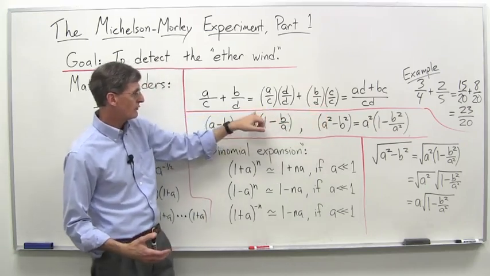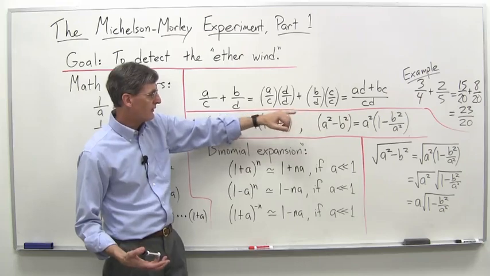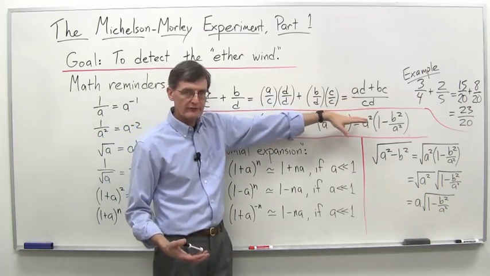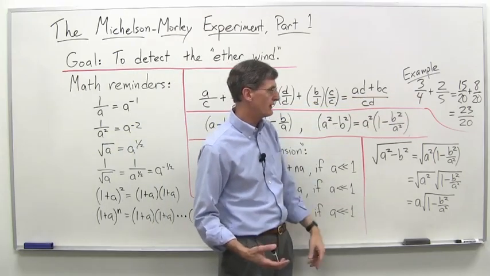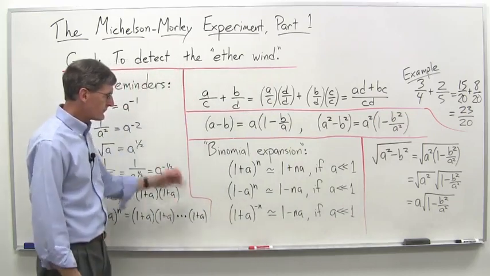Once we have the common denominator, we can just add them together, so we get (ad plus bc) over cd. I just did a quick example here. If we're doing 3/4 plus 2/5, you can see it works out to 23/20.